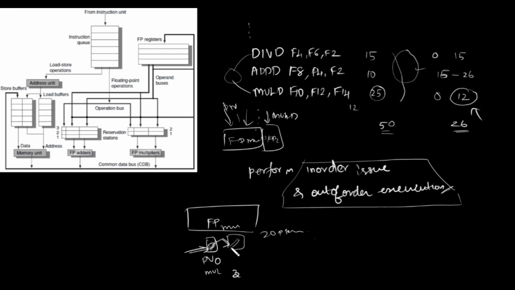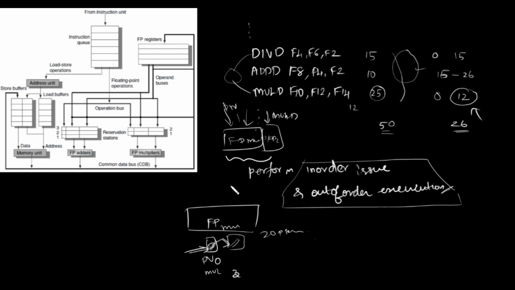So pipelining of the unit is also possible for parallel execution. But a basic approach is to have enough multipliers available on the chip, and this is a design issue. So you're just going to see a generalized view of how Tomasulo's algorithm works.